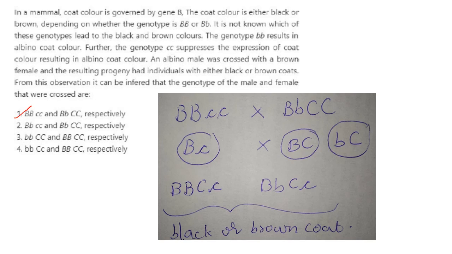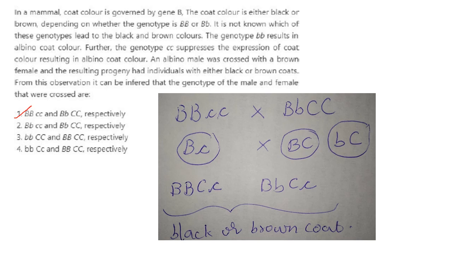Now next one. In mammals, coat color is governed by genes A, B. The coat color is either black or brown depending on whether the genotype is capital B or capital B small b. It is not known which of these genotypes lead to black and brown colors.